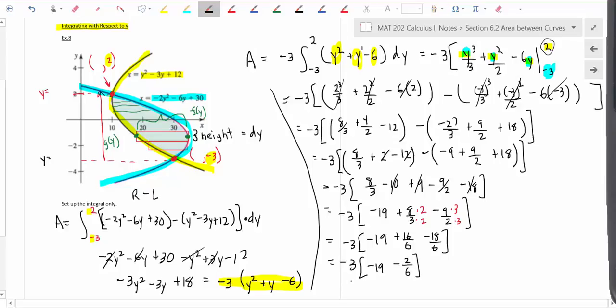Moving that through one more step, we have -3 times -19 minus 1/3. Then I can do a distributive property, multiply this out. So -3 times -19 is 57, and then plus 1/3 of 3 is 1. So it looks like we have an area of 58.